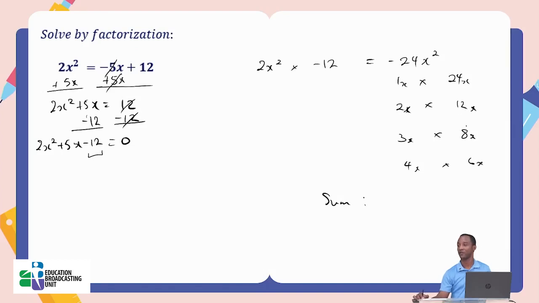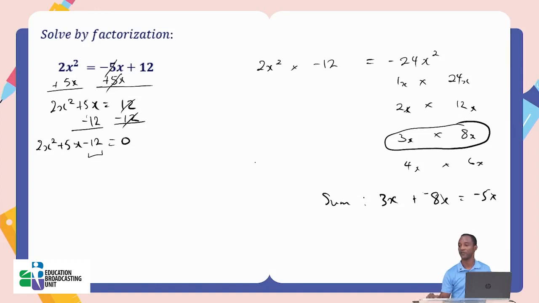So that has to be this one, because 3x plus 8x will give us 11x, but if one is negative and one is positive, when added, we'll get the lower number. So let's say we have 3x plus 8x. If the 8x is negative, that will give us negative 5x.